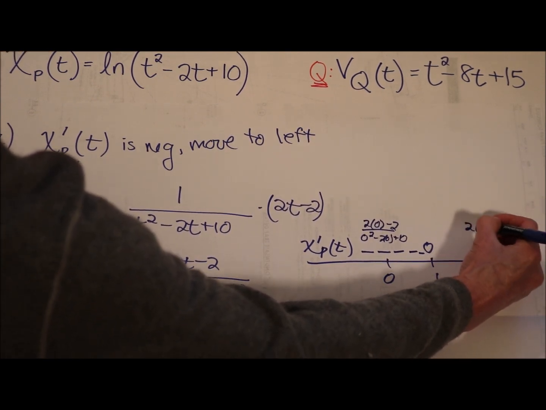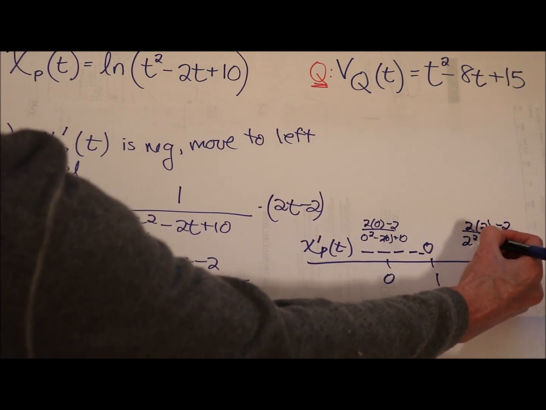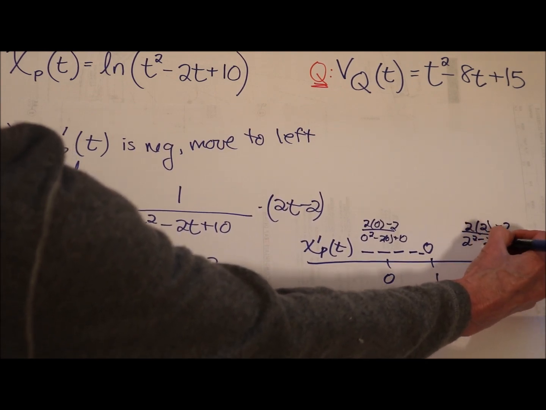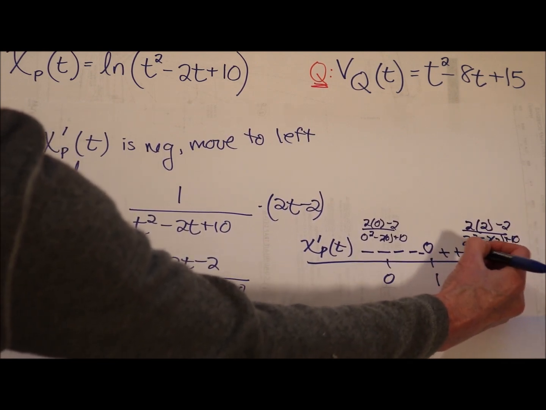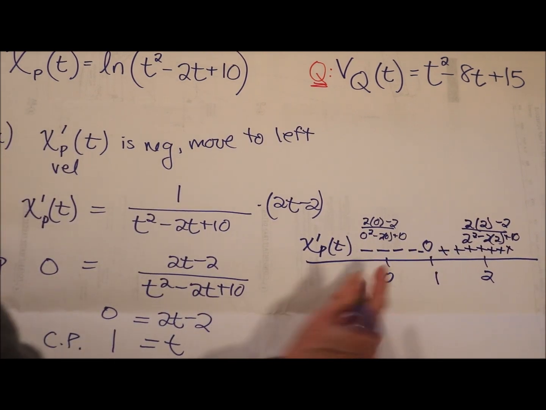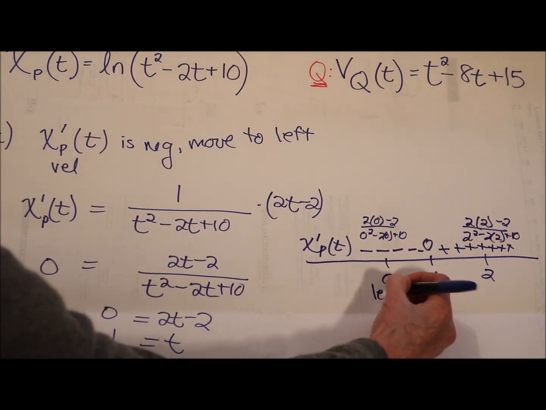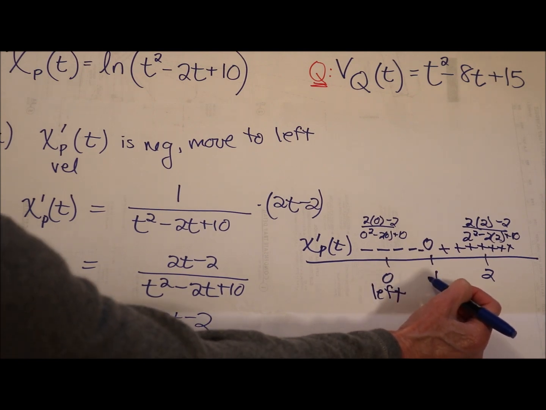I think you can probably quickly see I'm going to get something positive now. You can use your calculator for this if you want. So what does that mean about particle p? That means particle p is moving left from 0 until 1 second.